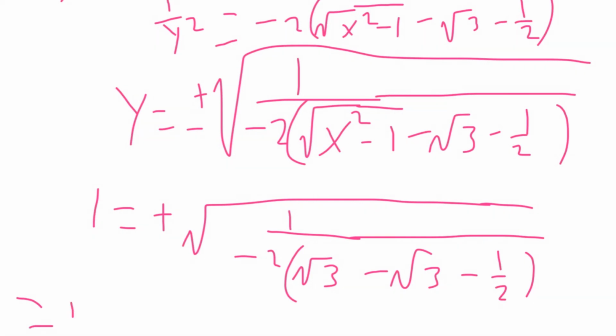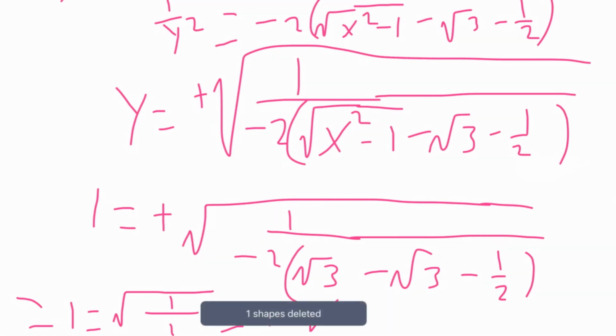And that will leave us with 1 is equal to the positive root of 1 over 1, and this is just 1. So this solution is correct. Our actual solution is just y is equal to the positive root of this.